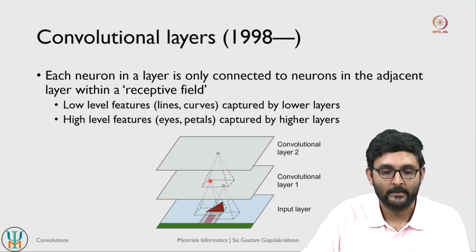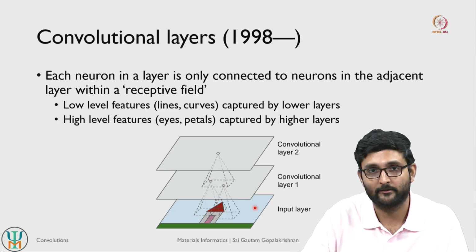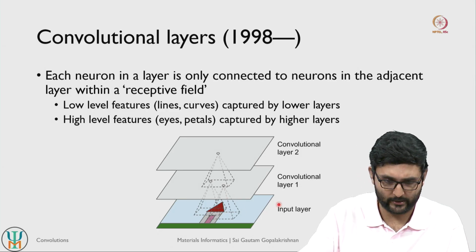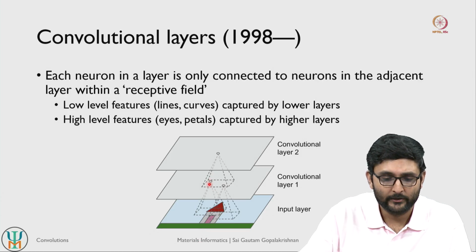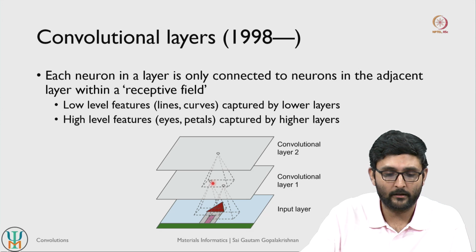In a dense neural network, each neuron will be connected to every pixel of your input image, or every feature of your input layer. But in a convolutional neural network, any given neuron only takes in information from a selective portion of the image. So it is only connected to the input features that are within its receptive field.